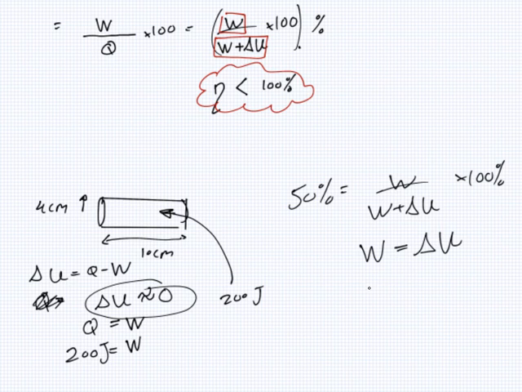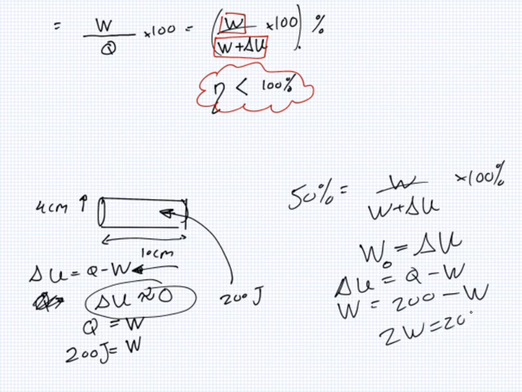The W. Or the output W, to be more accurate. So if I go back to this formula here, I get delta U equals Q minus W. W equals 200 minus W. 2W equals 200. So there must have been 400 joules of work. Oh, sorry, 100. Sorry, 100.